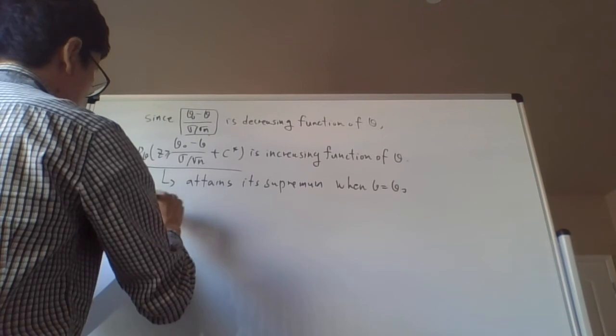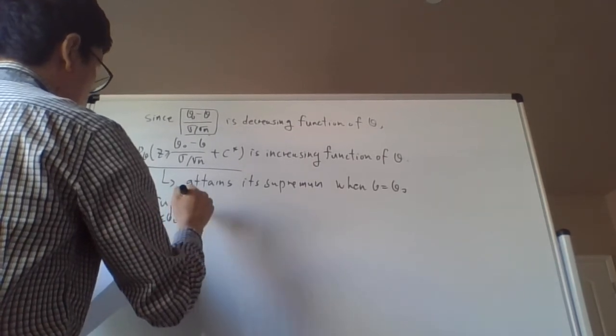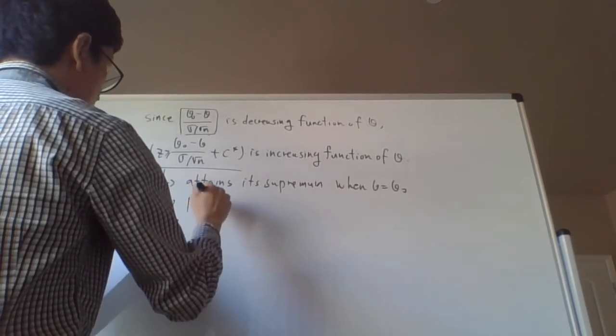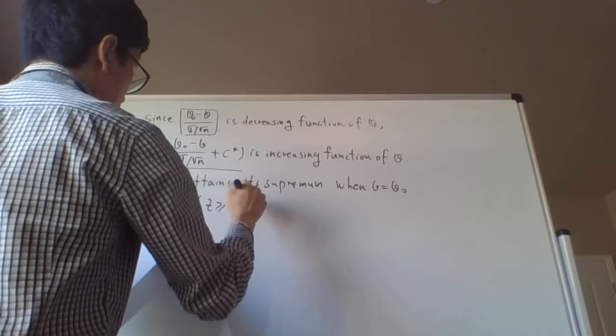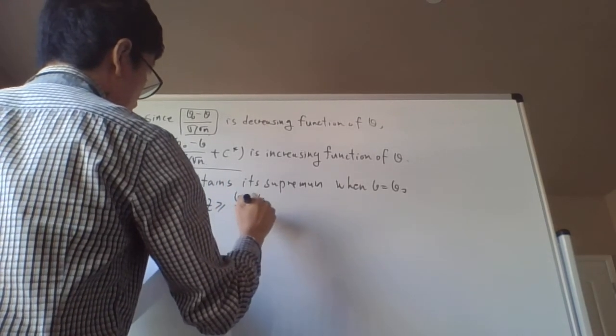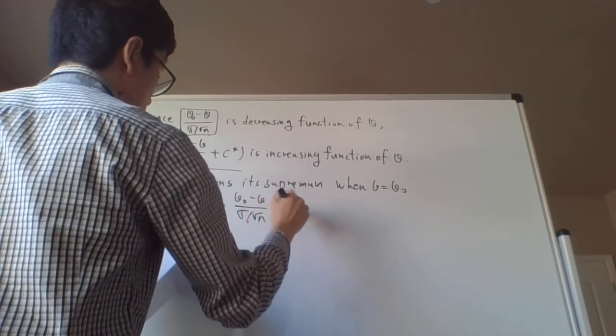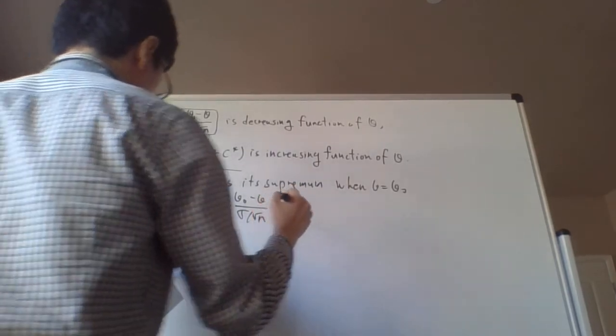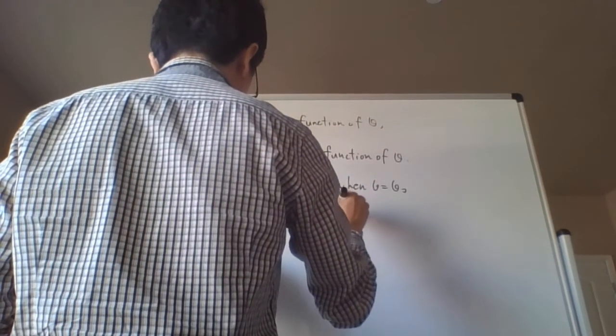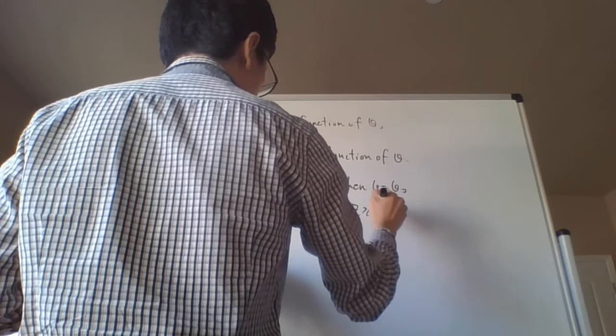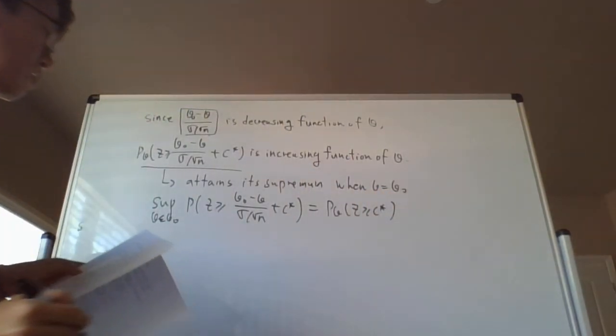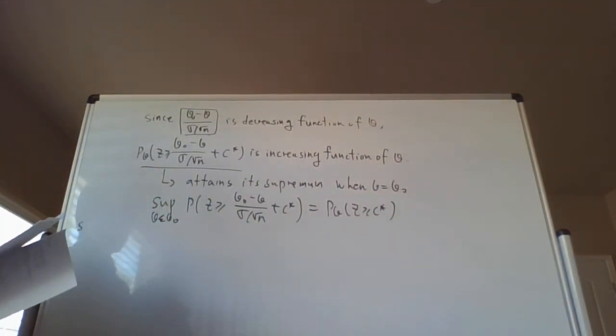So the supremum is achieved at theta equal to theta 0, which gives the probability that z is greater or equal to c star.